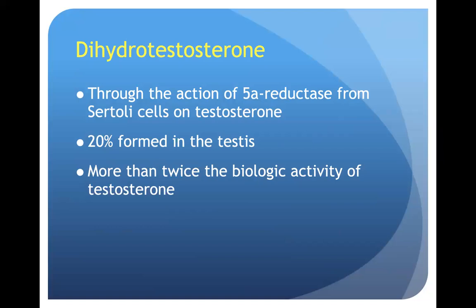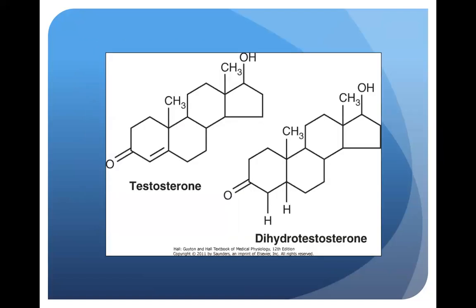Although, sabi nga natin, majority of your dihydrotestosterone is coming from the conversion of the testosterone. Around 20% is directly produced by the testes. And then your dihydrotestosterone has more than twice biologic activity compared with testosterone. Okay?